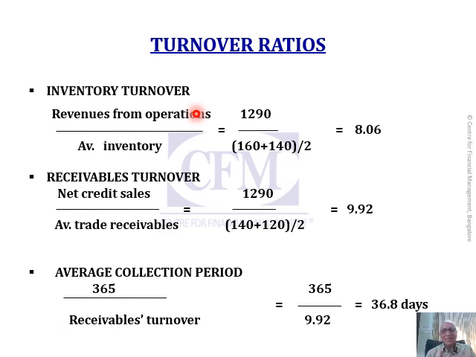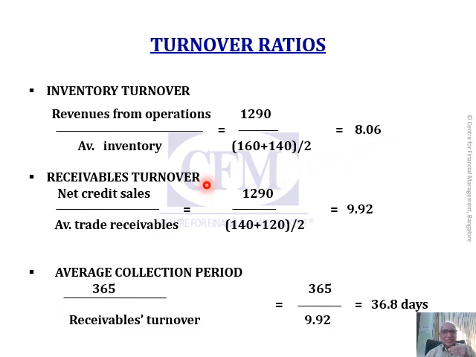So when we relate a flow measure to a stock measure, we look at the stock measure as an average of the closing and opening inventory levels. Hence, we look at 150 million. Relating 1290 to 150 million, we get a figure of 8.06, which means inventories turn over roughly 8 times a year.